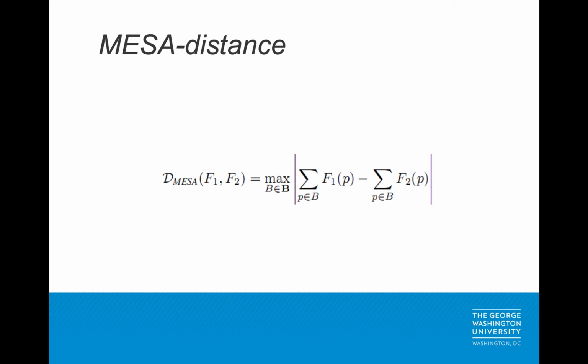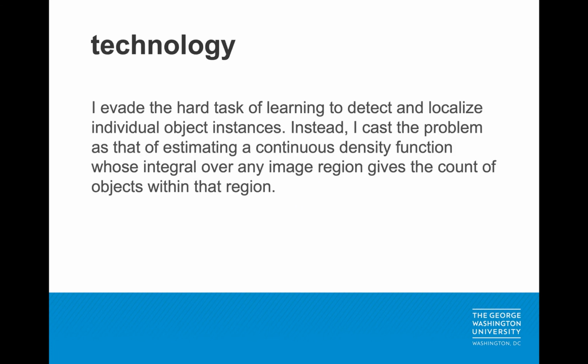We start with a set of dot-annotated training images and a set of features, so that each pixel in those images is assigned a real-valued feature vector describing the local appearance.